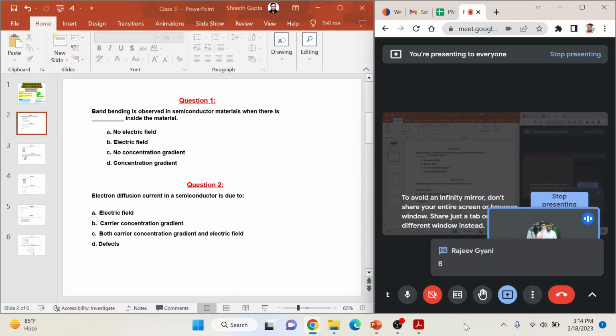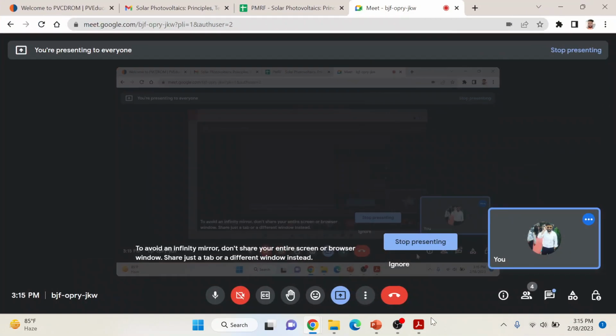Okay, so when there's electric field. But isn't it, Rajiv ji, that electric field? No, it is A. Okay. What about others? Who is there?